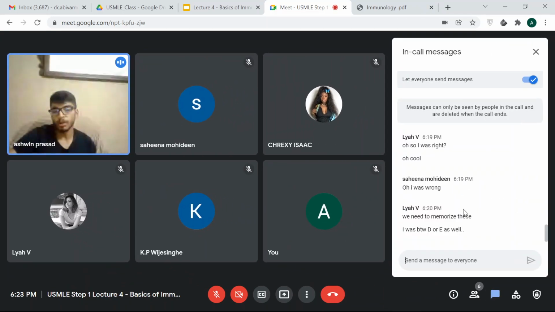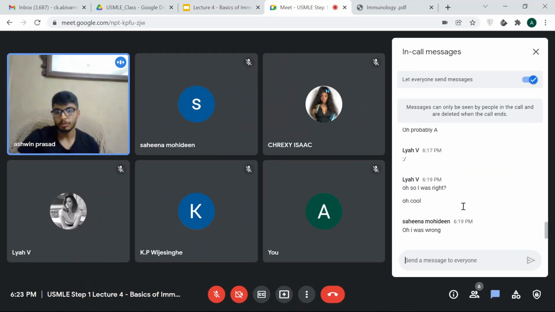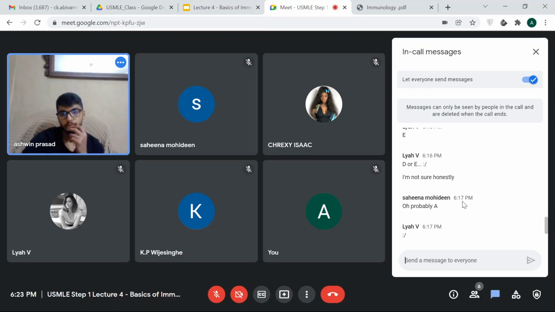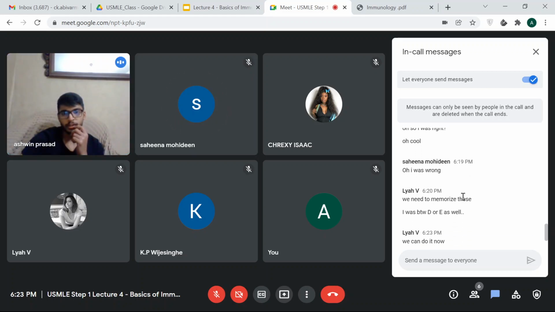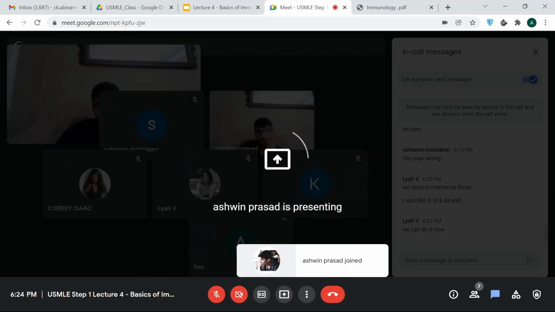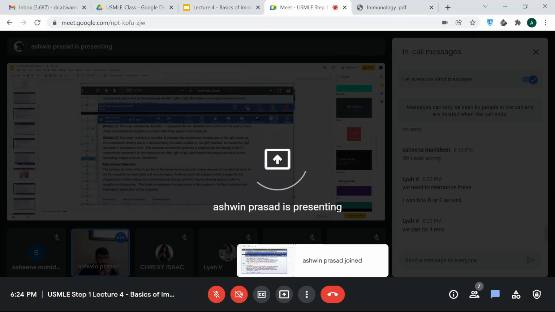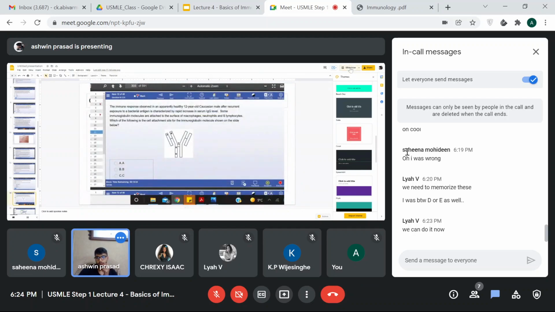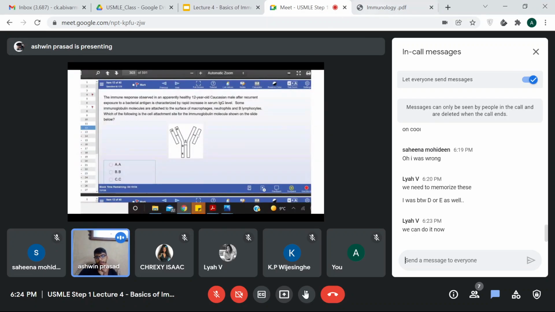Okay, so there's one more question based on immunoglobulins. Do you guys want to do that right now, or move ahead and come back to it later? Shall we do it now? Yeah, sure. That's pretty straightforward, I guess. So there's A, B, C, D, E. It's just that you can't see it.